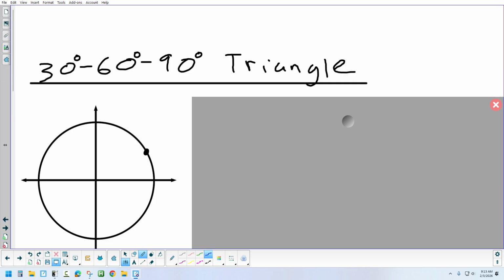If it's a multiple of 30, then it's a different problem. So let's put 30. How many degrees are there altogether in the first quadrant? Right, it goes up to 90. We're at 30. Okay, that's about a third of the way.